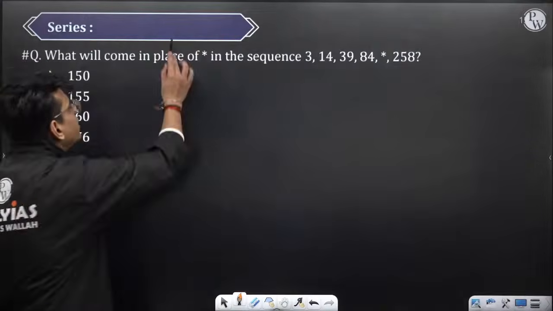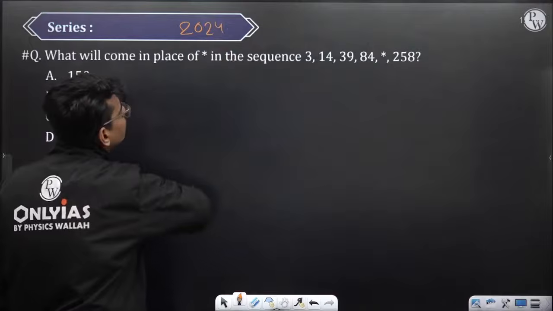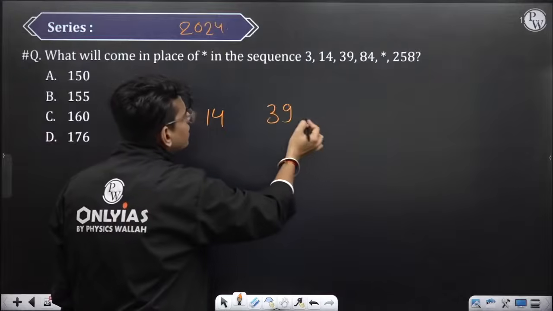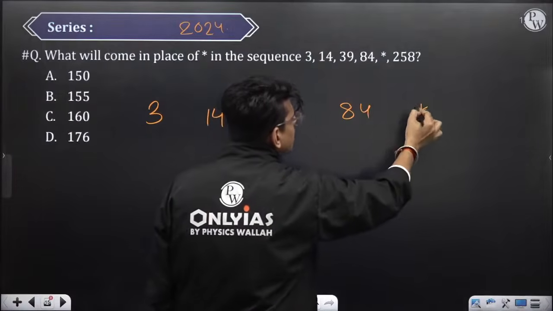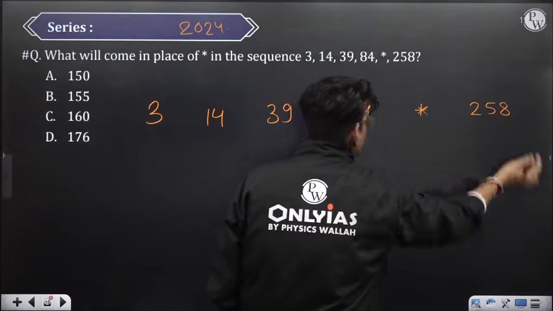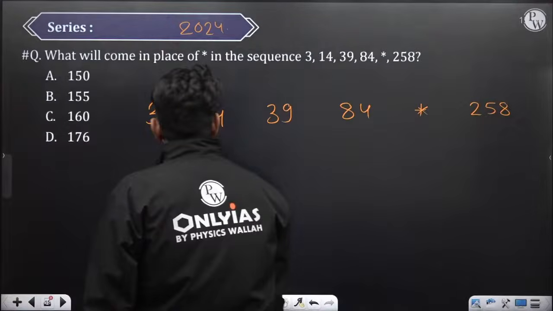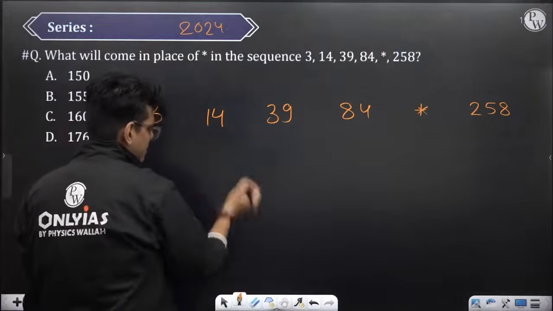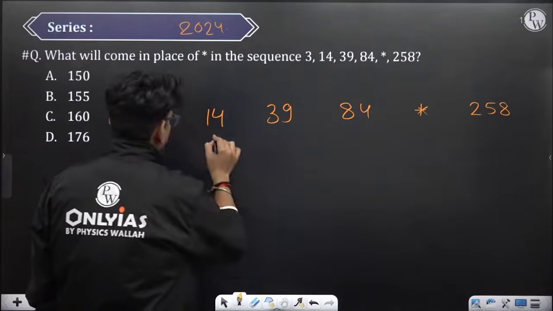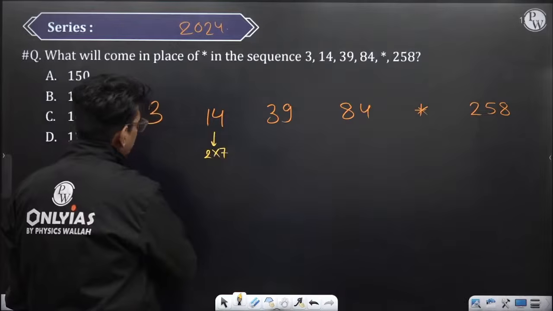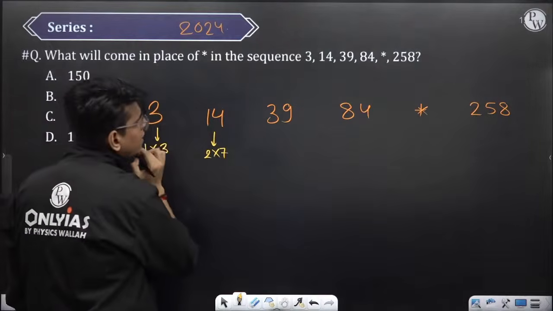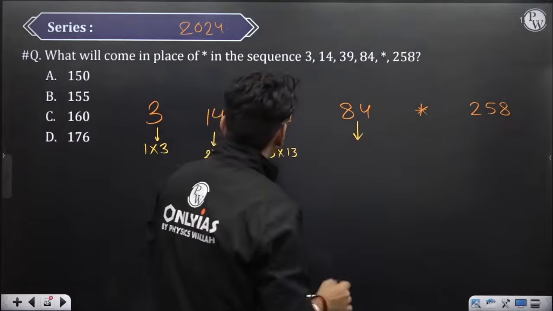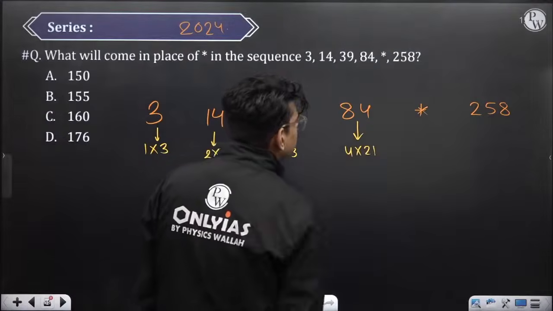This question is from 2024. 3 is 1 into 3, 14 is 2 into 7, 39 is 3 into 13, and 84 is 4 into 21.